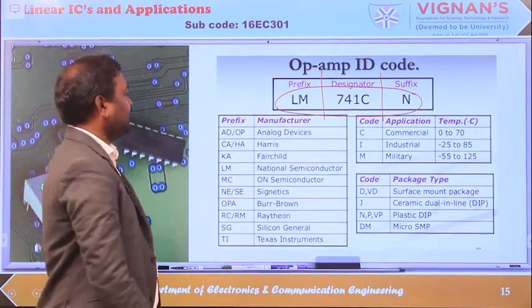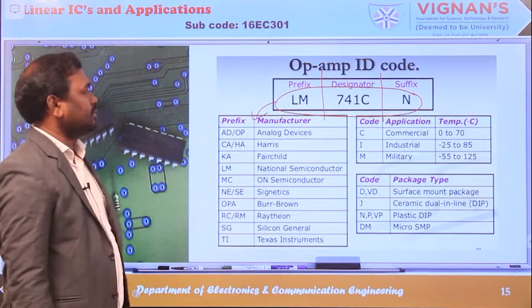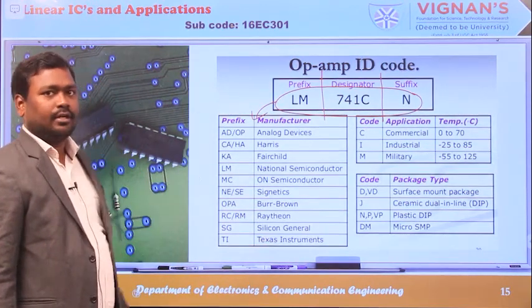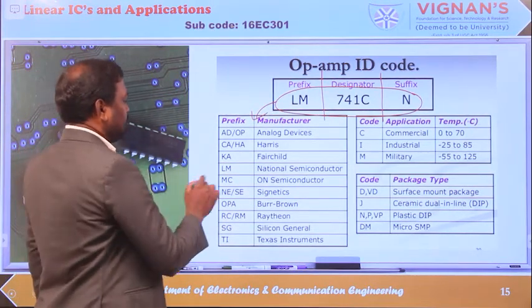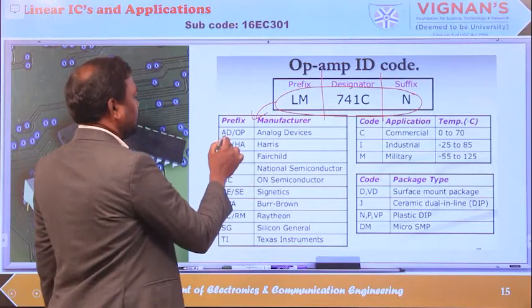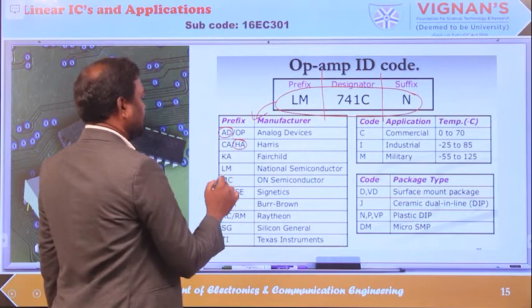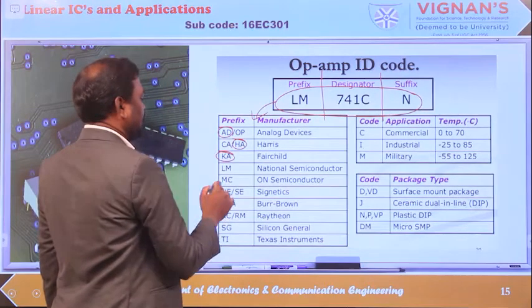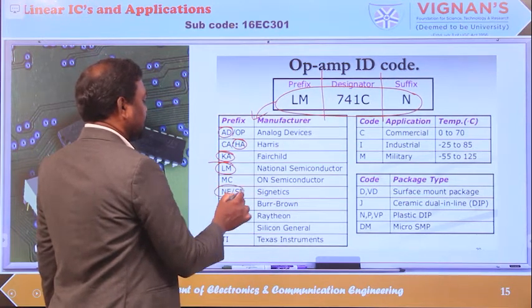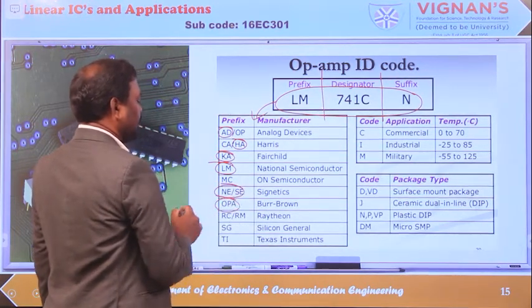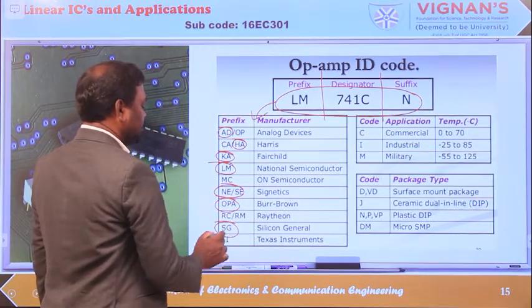The prefix represents the manufacturer. Each manufacturer has a different prefix. Analog Devices is AD, Harris is HA, Fairchild is uA, National Semiconductors is LM, Signetics is NE, Burr-Brown is OPA, Silicon General is SG, Texas Instruments is TL.